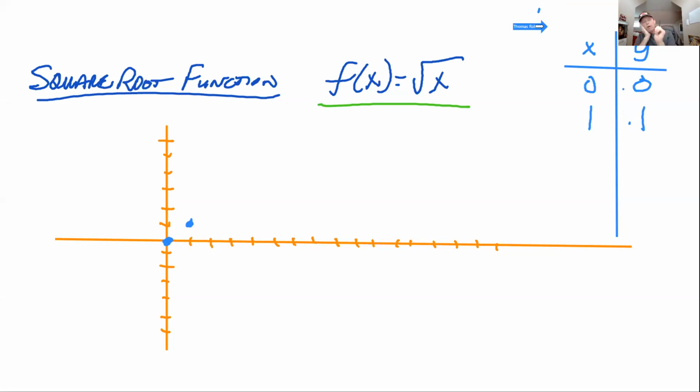But the next point I'm going to pick is intriguing to me because I don't think I want to put 2 here. Can you think about why that would be?